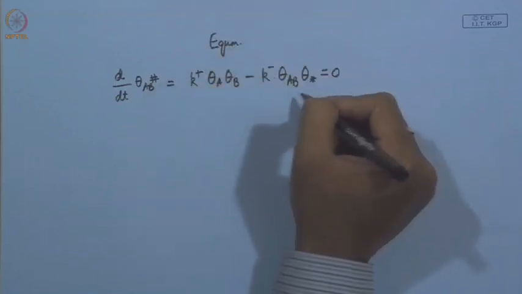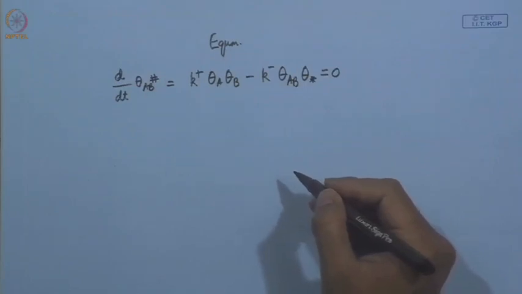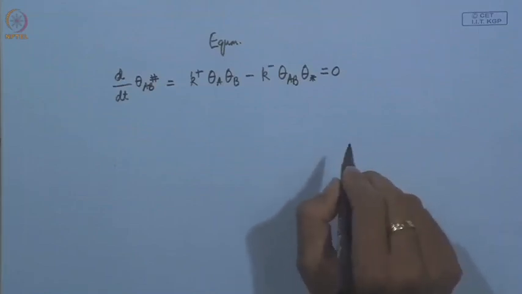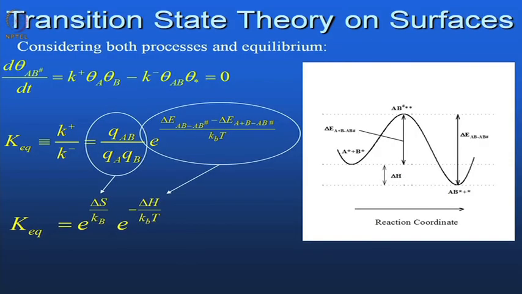That means the rate of forward reaction and the rate of backward reaction will equalize. That's why we put this to 0.